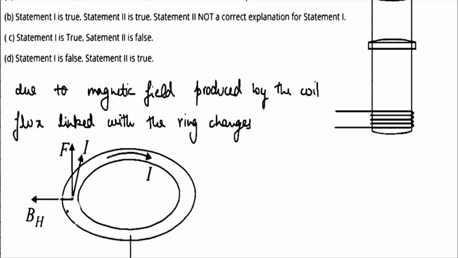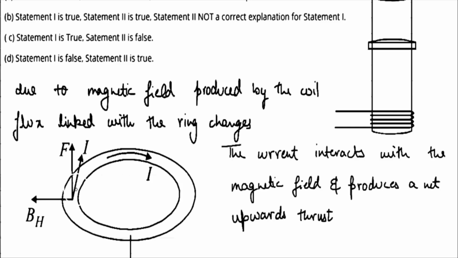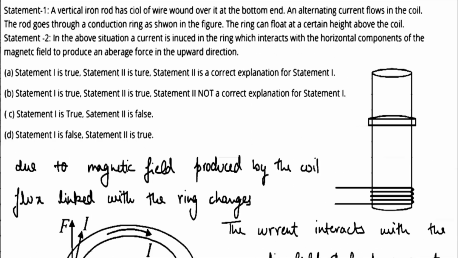And it will interact with the horizontal component of the magnetic field produced by this coil, and that interaction will produce a force that will be a net force in the upward direction. We know the direction of the thrust will be upwards because Fleming's left-hand rule applies here. Therefore, from this explanation, we can say that statement 1 and statement 2 both are correct and statement 2 is a correct explanation of statement 1. So the answer is option A.